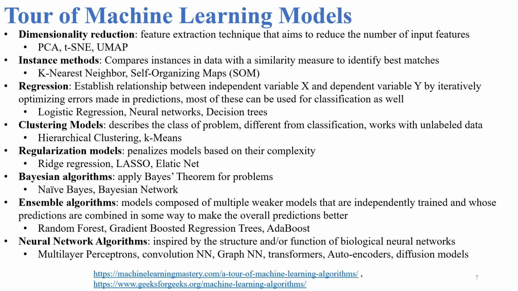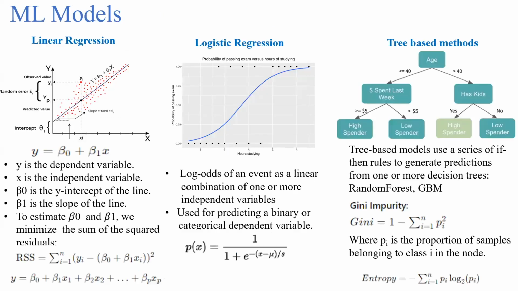And of course, very popular neural network algorithms, which are inspired by the structure and function of biological networks in the brain. Some of them are multi-layer perceptron, convolutional neural network, graph neural network, transformers, autoencoder, and diffusion model. We'll only deal with some of them in this particular module and exercises.